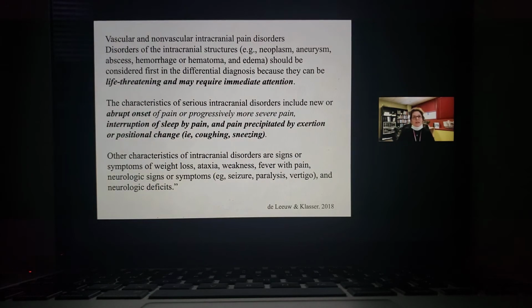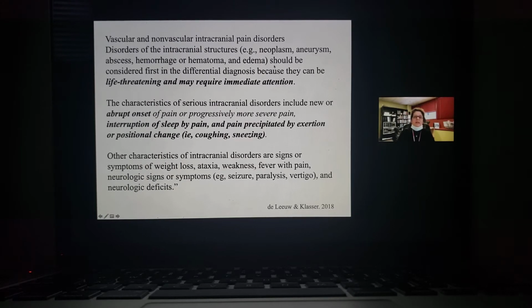Let's see, vascular and non-vascular intracranial plane disorders could be not only aneurysm. You could have neoplasm, and I believe all that is related to that, you see it with Dr. Tapia, but you could have hemorrhage, hematomas, edema, and may have some infection process going on as well.